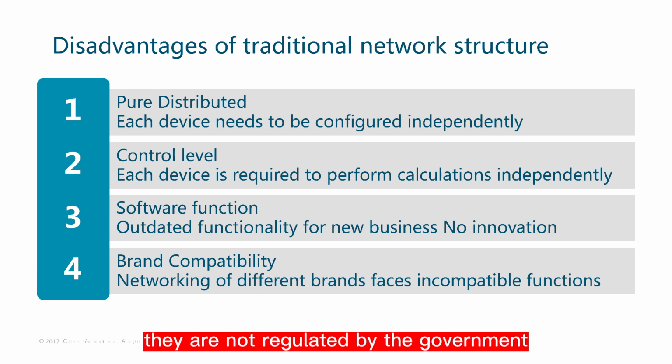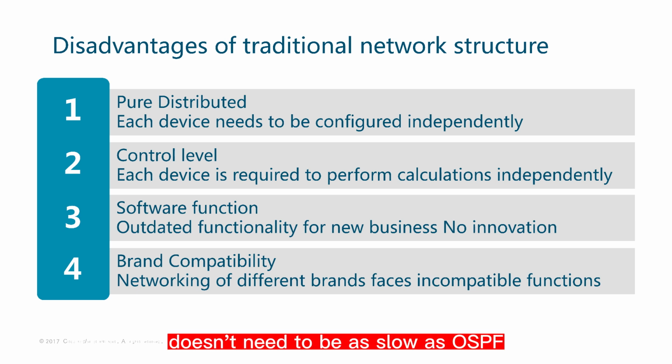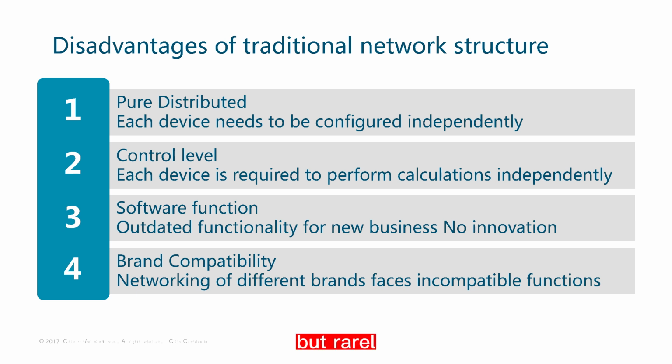They are not regulated by the government, and are joint stock. Relatively rich Cisco equipment can use EIGRP because neighbors converge quickly. It doesn't need to be as slow as OSPF. Indeed, there are such cases, but rarely.